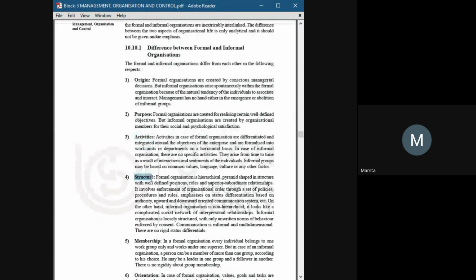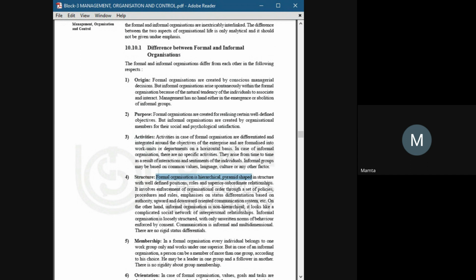Structure. The formal organization follows a hierarchical structure, pyramid shaped in structure with well-defined positions. But in informal organization or informal management or employee relationships, there is no such kind of structure. If you are a friend with your boss, then you can just directly go to the boss's boss and talk to them.